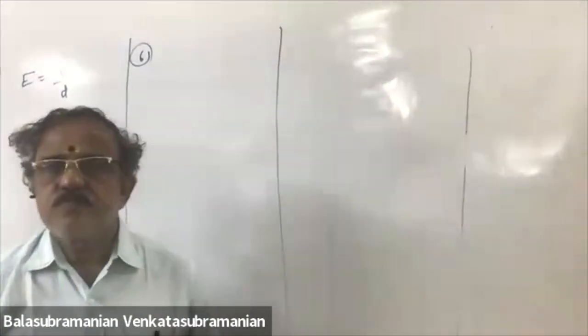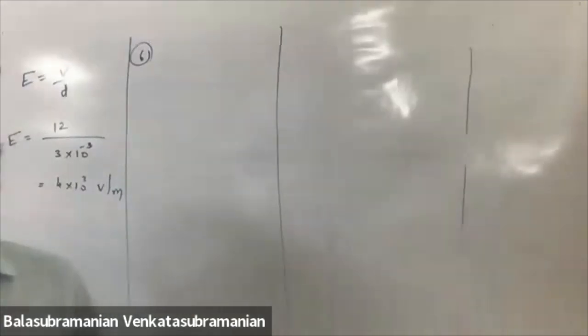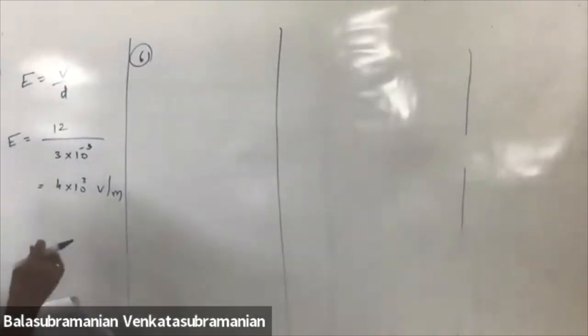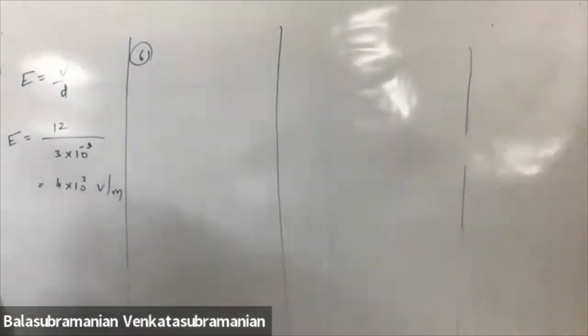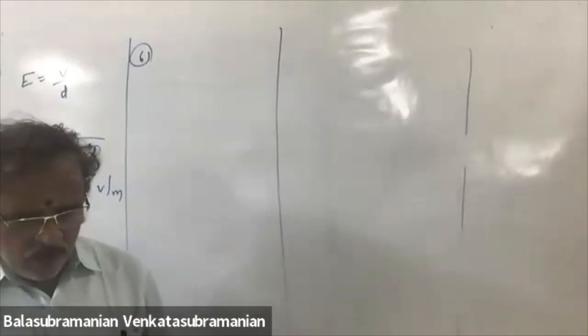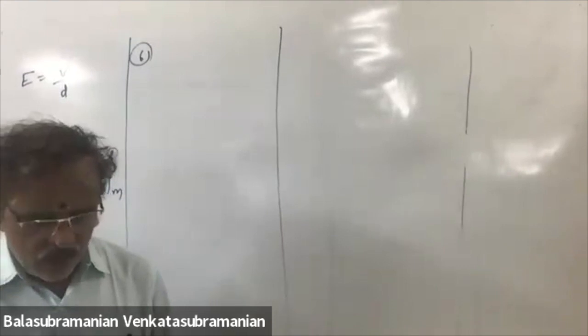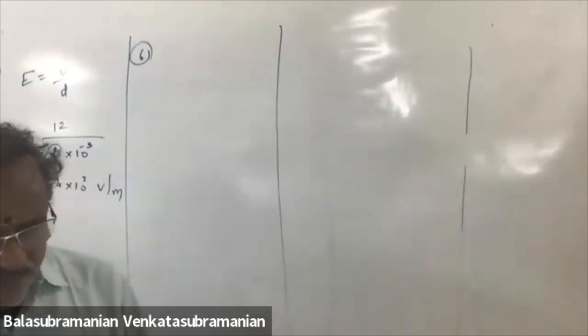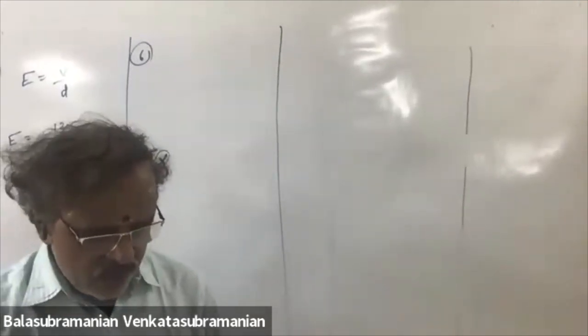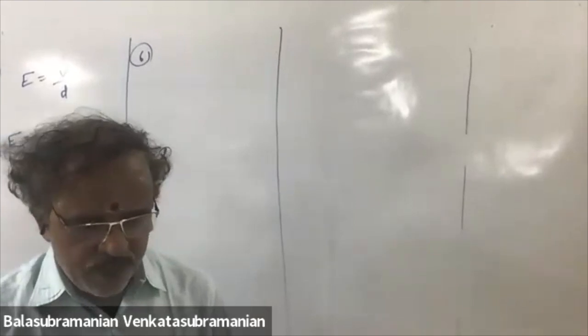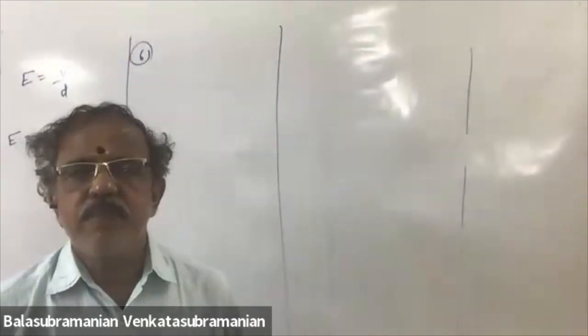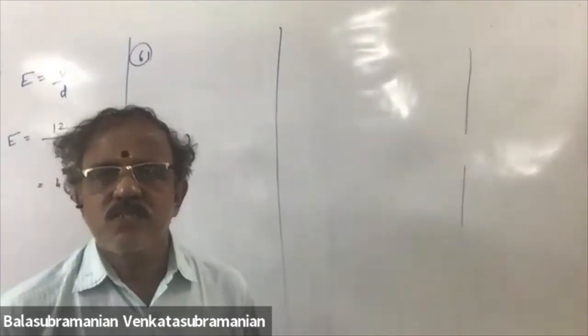Sixth one. An electric field of 20 Newton per coulomb exists in vertically downward direction. Determine the increase in electric potential as one goes up to a height of 50 centimeter. This is also a straight problem.